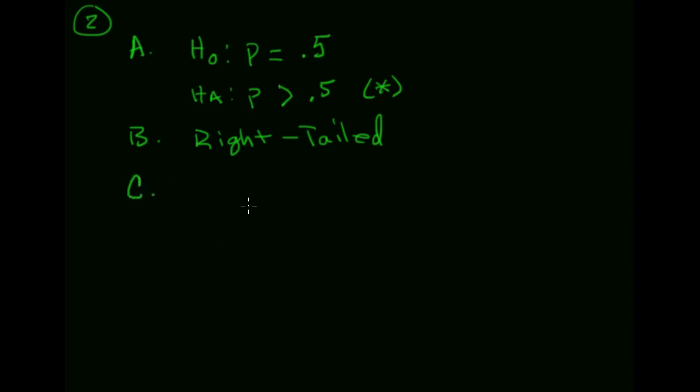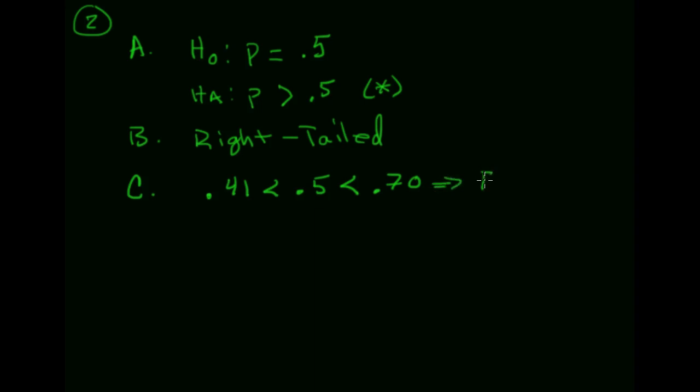Part C, we have some additional information. Abby takes a simple random sample of 45 of her classmates and learns that the actual percentage of her classmates that own dogs has to be between 41 and 70. So this proportion of 50% is between 41 and 70.